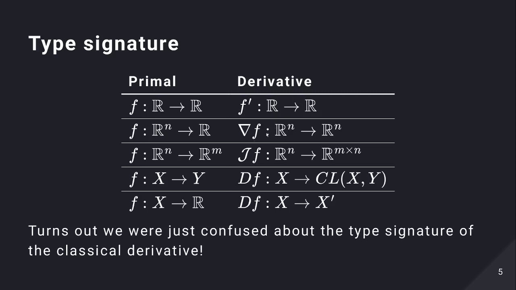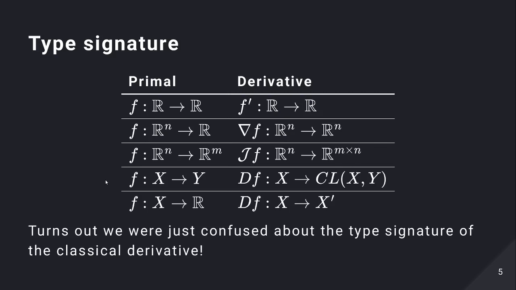Because you take an x as input and return a vector as output. Take a function from Rn to Rm, and the derivative of that would be the Jacobian, which is a function from Rn to a matrix in R^(m×n). Already in this third row, it's slightly clearer that we get something that looks like a linear operator, because there's a matrix from Rn to Rm.